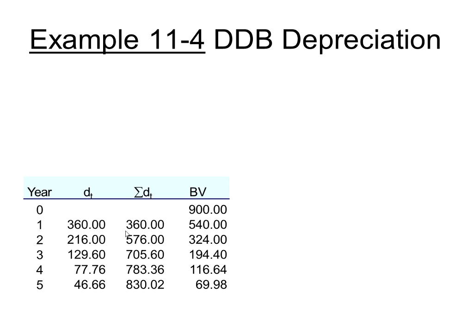And so to find this amount, the D2, we use BV1, and we multiply it by 2 over 5. And so when we multiply this by 2 over 5, dividing this by 5 is going to be 108, and then multiplied by 2 would be 216, and that's what we see here.